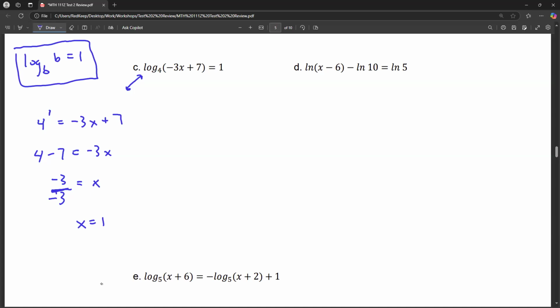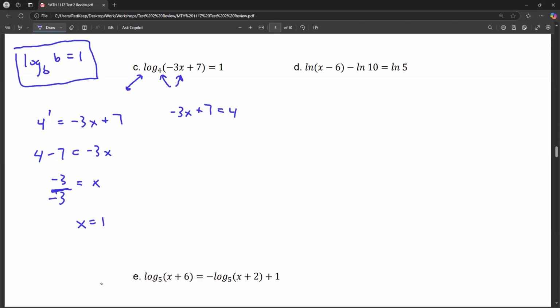So directly, it doesn't take away too many steps, but it gets us just to here. We're saying that this value on the inside would have to equal this value of our base. The answer is still going to be the same, but it gets us there in a different way. So it's just kind of cool.